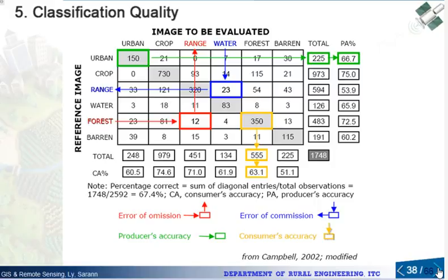The blue color is the error of commission. The green color is the producer accuracy. And the yellow one is the user accuracy. So we still ask the two questions. The first one is, what I see on the ground, is it on my map? And the second one is, what I read on my map, is it on the ground?